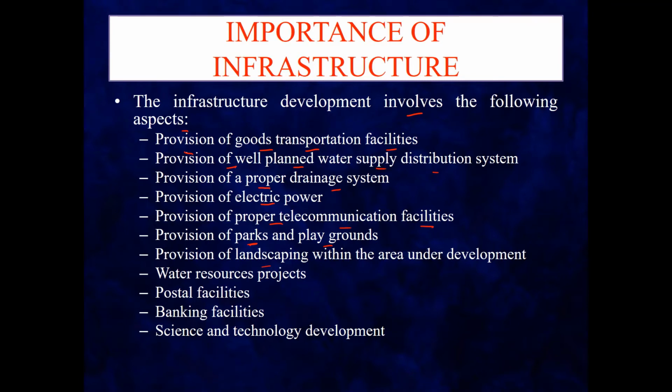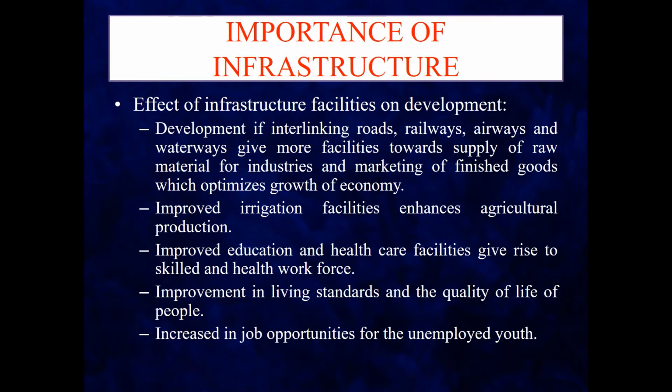Then after, the effect of infrastructure facilities on development. What effect do we find on development when we provide infrastructure? If we provide interlinking road, railway, airways and waterways, what happens? We facilitate the supply of raw material.